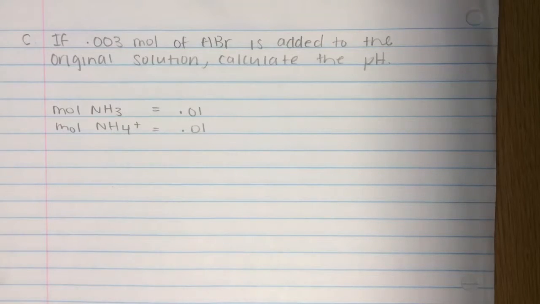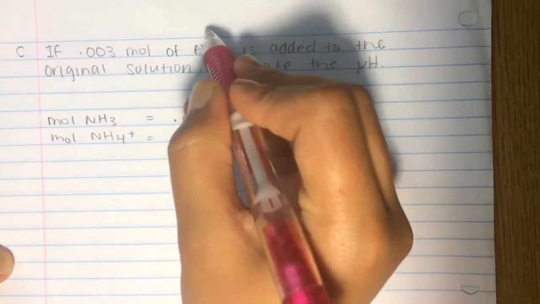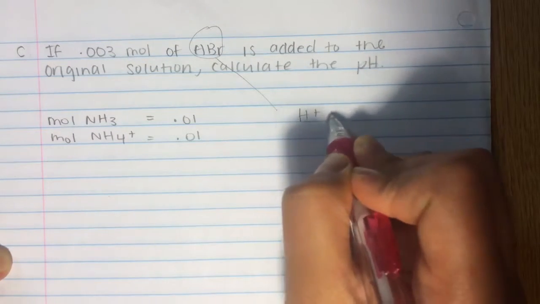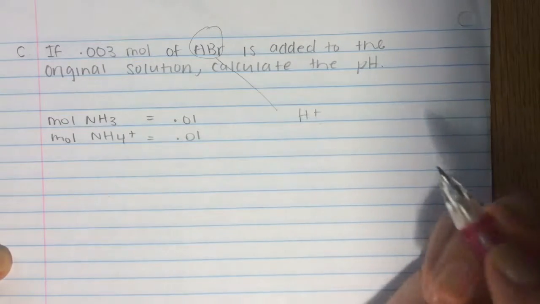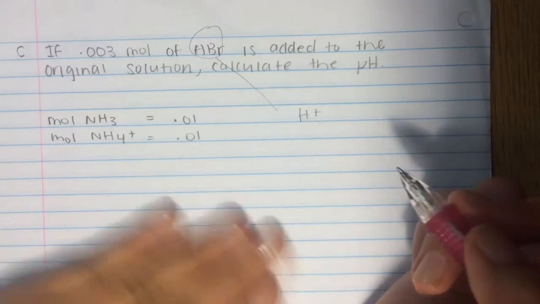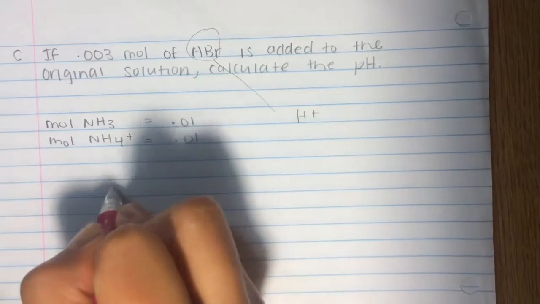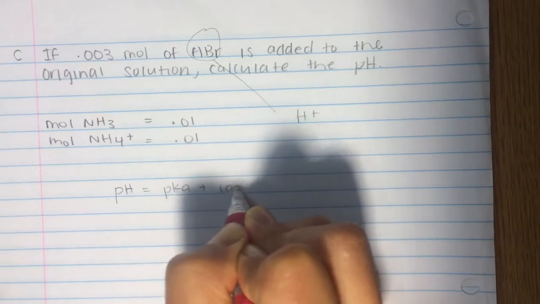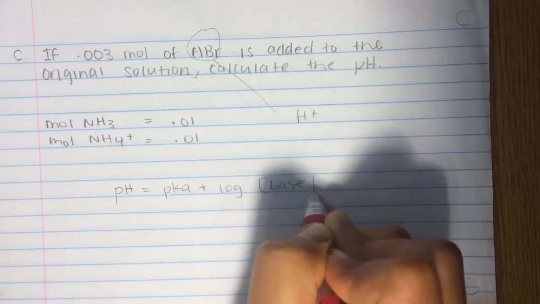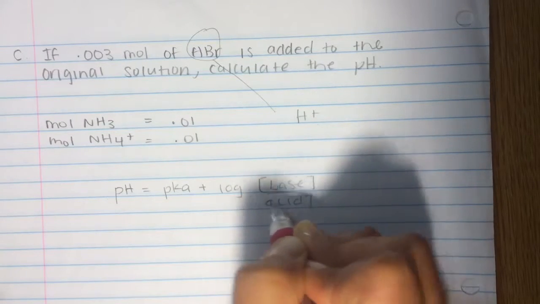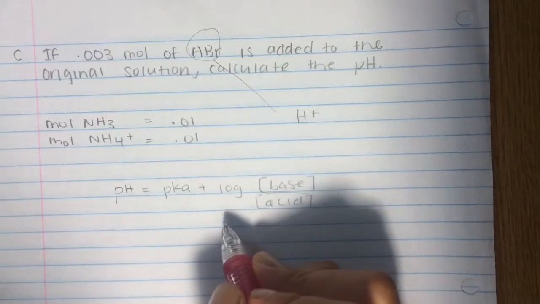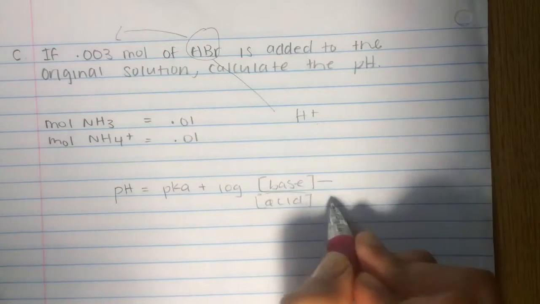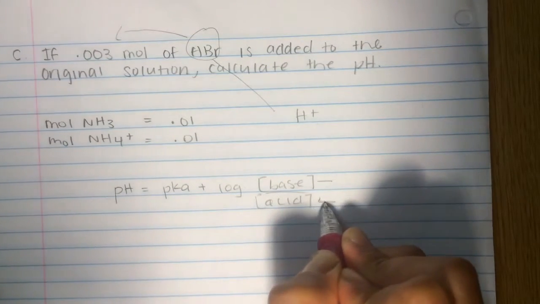In this case, since you're adding HBr, which is a strong acid, you know that's going to fully dissociate, and you're going to get H plus, which increases the concentration of your acid and decreases the concentration of your base. So when using the Henderson-Hasselbalch equation, you are going to subtract the amount of moles of HBr from your base and add them to your acid.